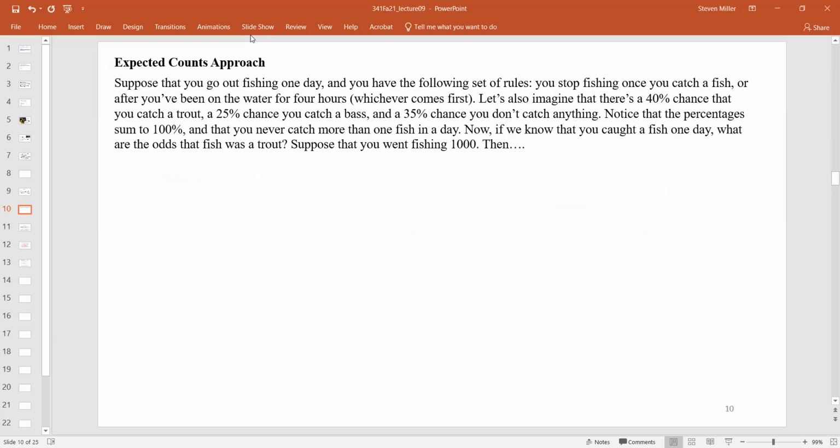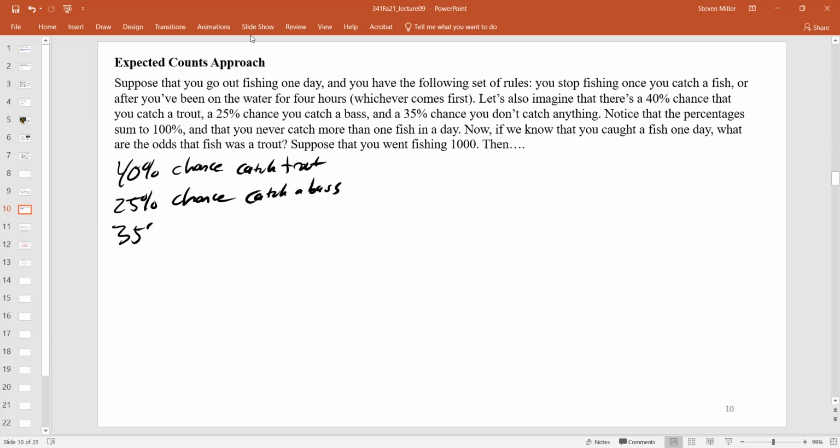And let's imagine that there's a 40% chance to catch a trout, a 25% chance we catch a bass, and a 35% chance we catch nothing.